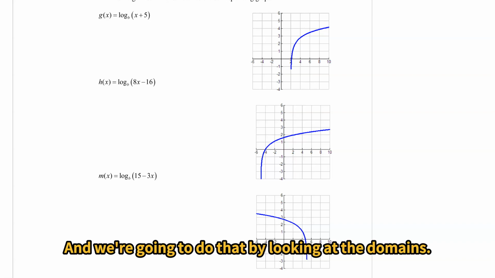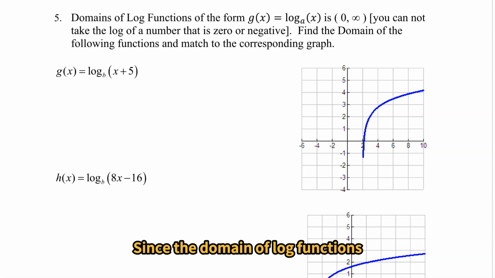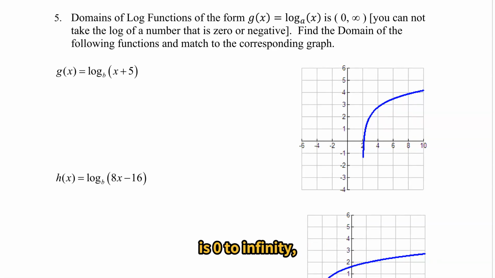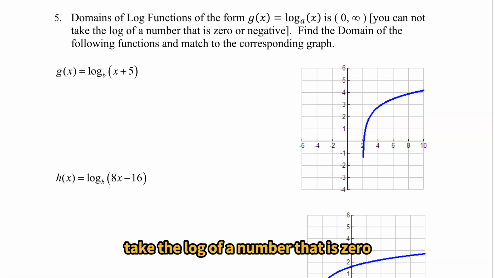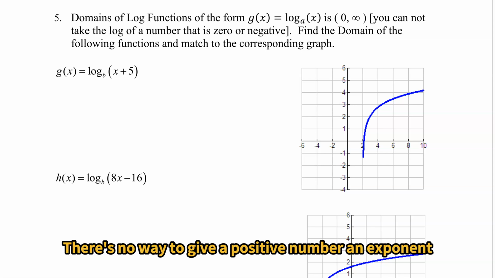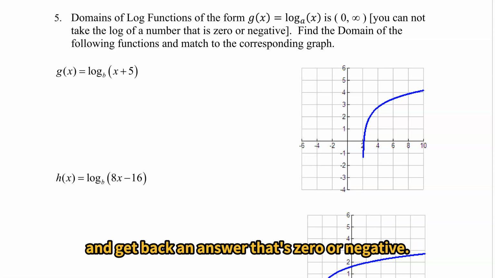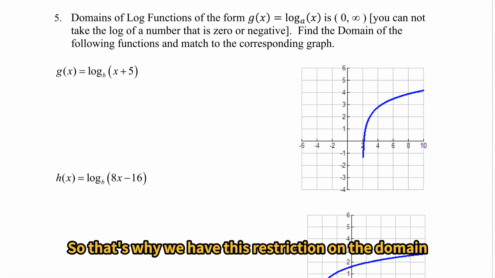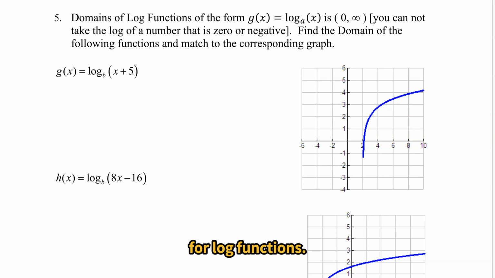And we're going to do that by looking at the domains. Since the domain of log functions that have not been translated is 0 to infinity, because we cannot take the log of a number that is 0 or negative, there's no way to give a positive number an exponent and get back an answer that's 0 or negative. And so that's why we have this restriction on the domain for log functions.